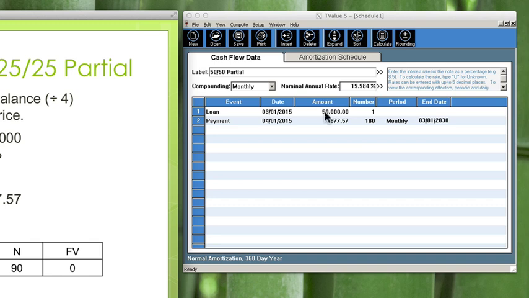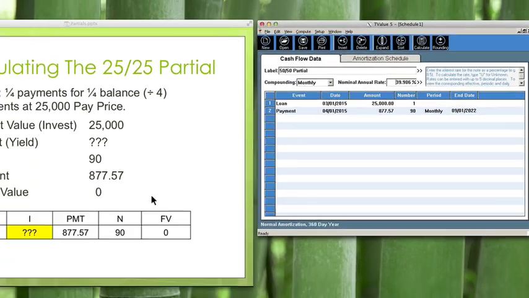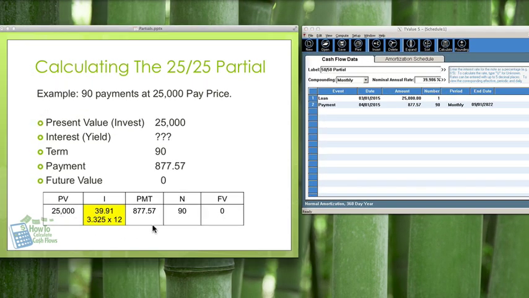So we come over here, we're going to change 50,000 to 25,000. And the payment amount's still $877.57, but we're only buying 90 of those payments. So we'll come up here to nominal annual rate, put in the U for unknown, and press calculate. And we can see that we get the same answer there in T-Value of 39.906, or rounded up to 39.91%.